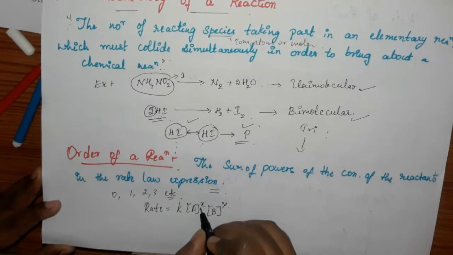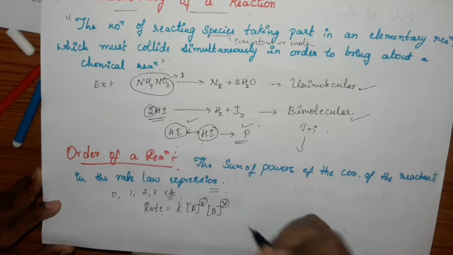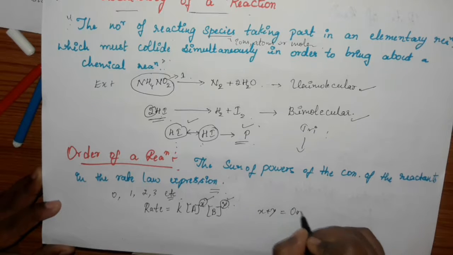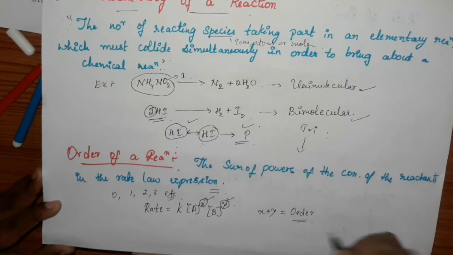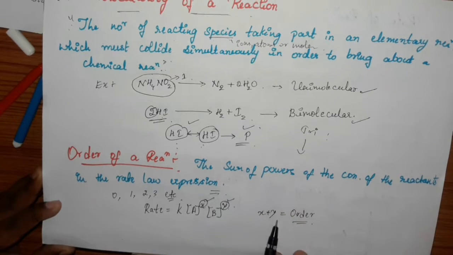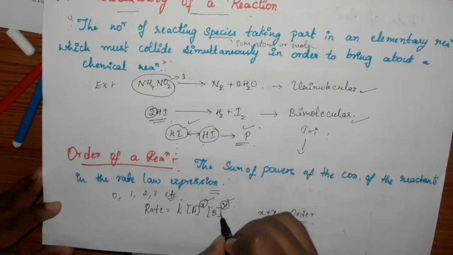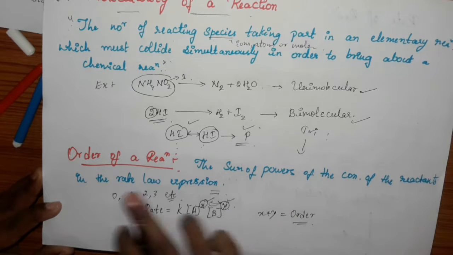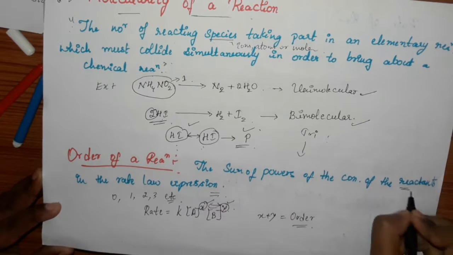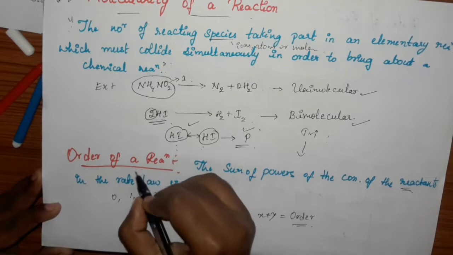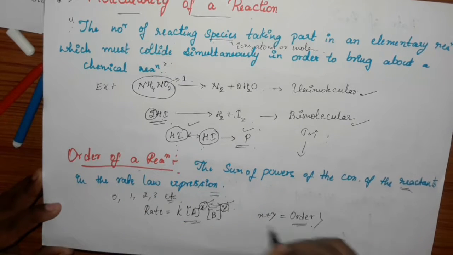Here the exponents x and y, the summation of x and y gives the order of the reaction. x plus y gives the order of the reaction. This is the definition: the sum of powers of the concentration of the reactants in the rate law expression is termed the order of a reaction.